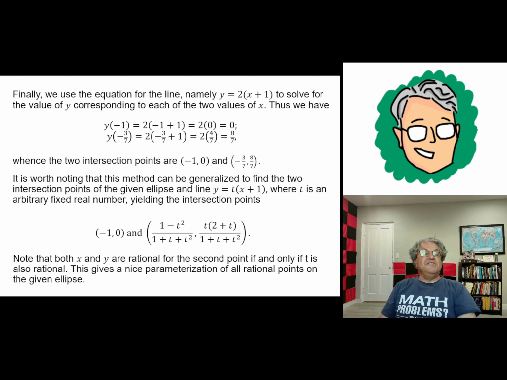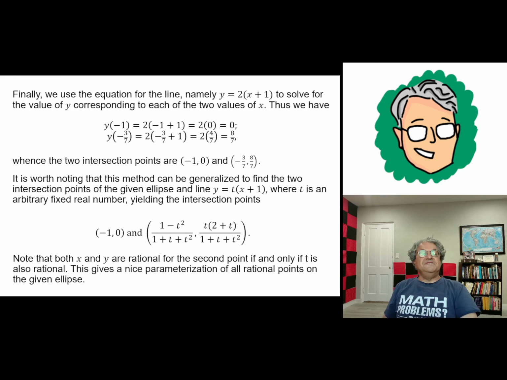And what I think is really nice about this problem is that if you let t be a rational number, say t equals m over n, then you can actually get a parameterization of all rational solutions, all rational points on the ellipse that we started with.